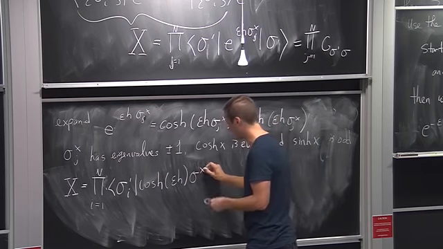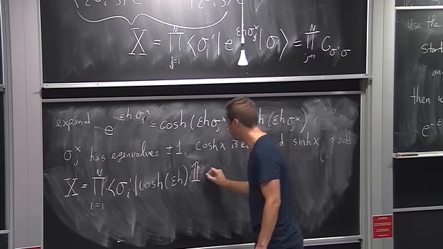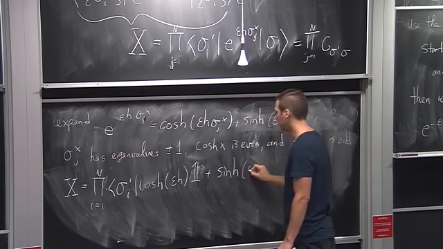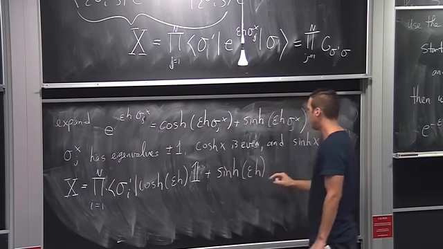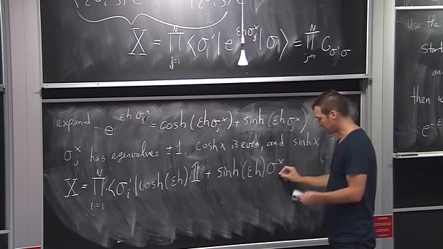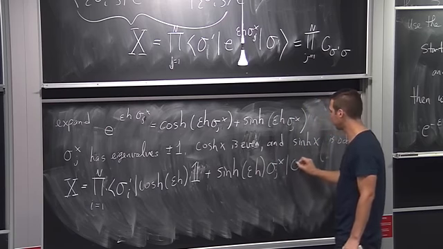I labeled it J, but this one's even, so actually this is just the identity operator. And then hyperbolic sine, epsilon h. This one's odd, so it matters which sigma you use.